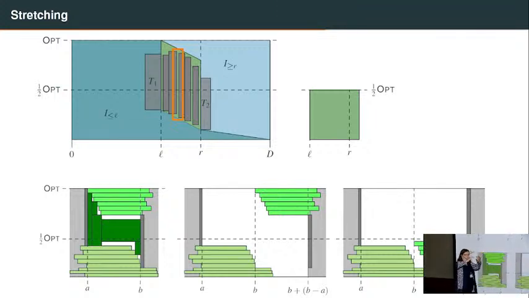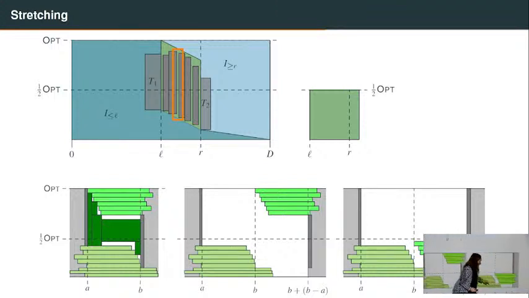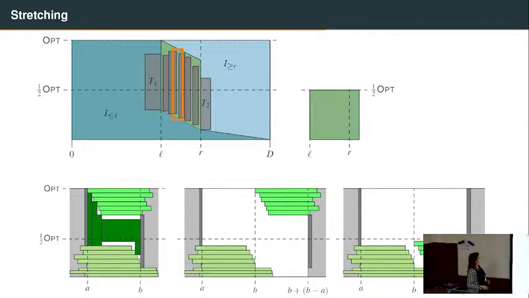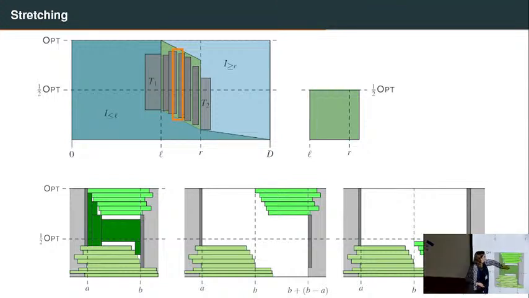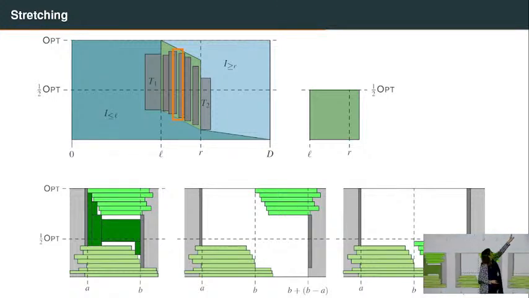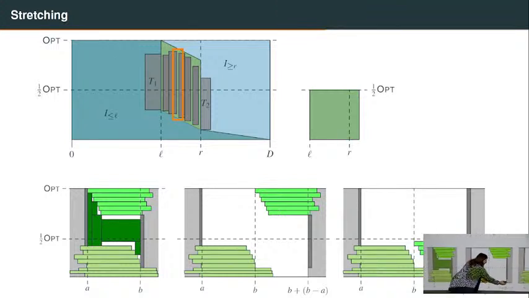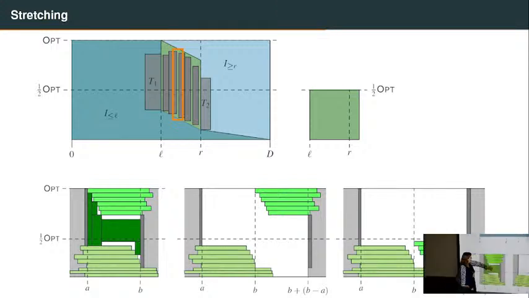So we stretch the packing by the width of this segment, and so find the packing which has a height of at most 1/2, because these items have height at least 1/2, so this part has height at most 1/2. Yes, and the items from here will also contribute to the part we need to extract. So this part here consists, for one, of the stretching, and because we need to place these items.